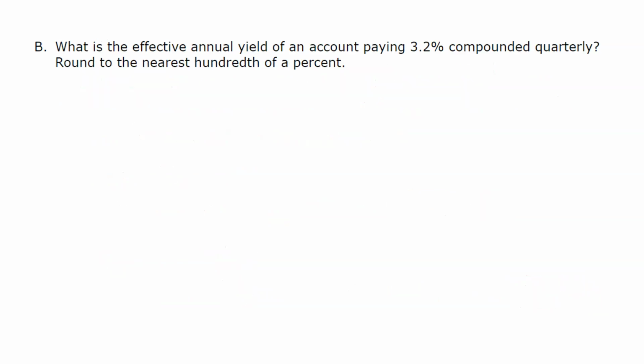All right, so what is the effective annual yield of an account paying 3.2% compounded quarterly, rounded to the nearest hundredth of a percent? So we know that our interest is 3.2%, which is 0.032. We're compounding quarterly, so n equals 4.